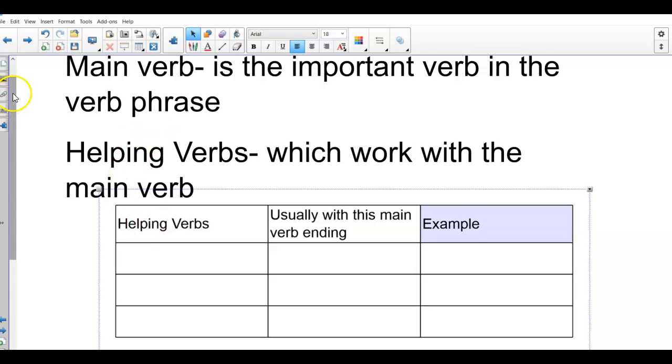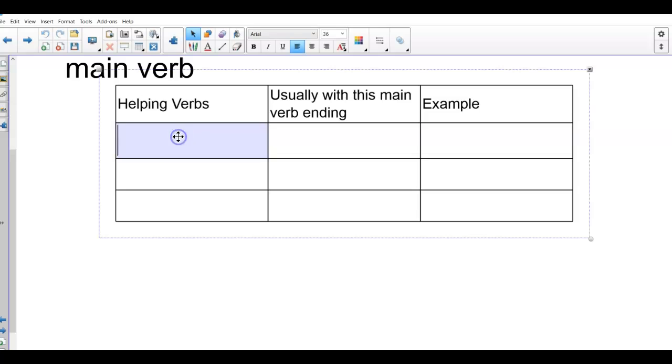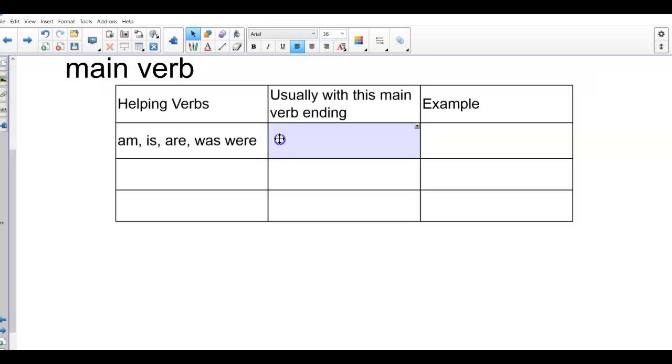So different helping verbs are kind of like, like I said, they're kind of like linking verbs. They're very similar in the sense that we went over linking verbs the other day. So your helping verbs: am, is, are, was, were. Any of your be verbs, if you remember doing those, they are linking verbs. They're also considered helping verbs.